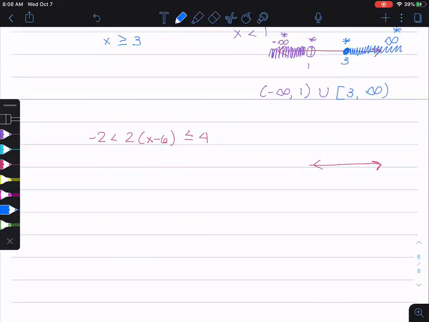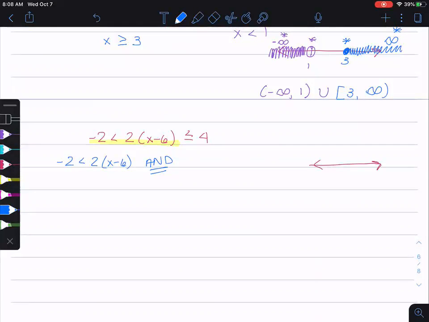So that's what my interval notation would look like. Now when we see a double inequality like this, what I showed you in class is start with your number, hit one inequality, keep highlighting until you get to that next inequality. You can only have one. So we're going to split this up. I have -2 is less than 2 times x minus 6. That's my first one that I have to solve. When you see these doubles, this automatically implies an and problem. And means both.